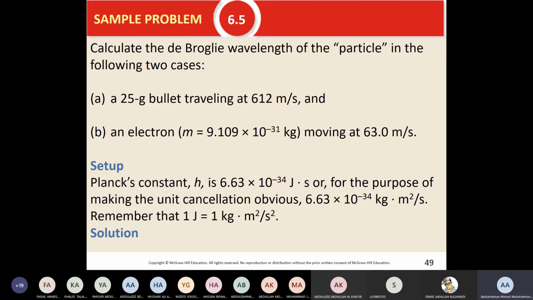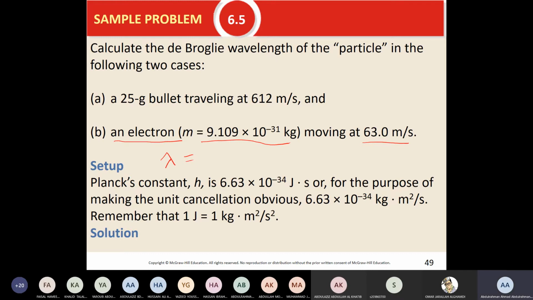Let's solve this problem. Calculate the de Broglie wavelength for a particle with the following. Let's do it for this one, which is an electron with this mass moving at this speed. What will be lambda for this electron? Go ahead, quickly. Don't forget that you need h.